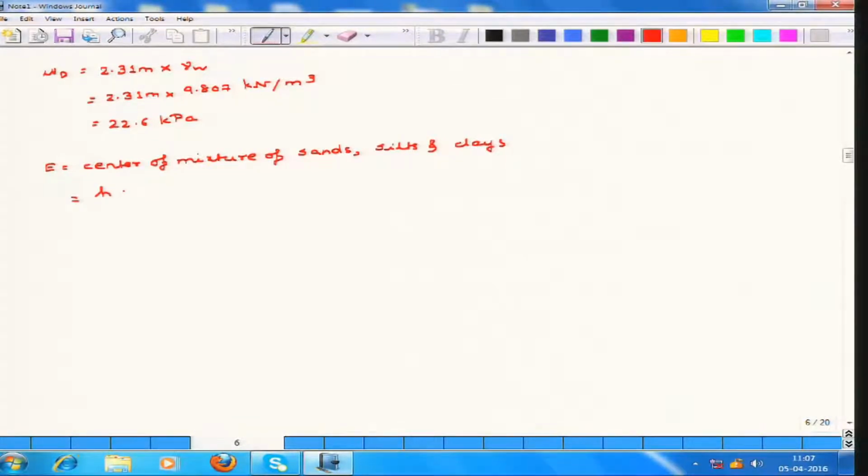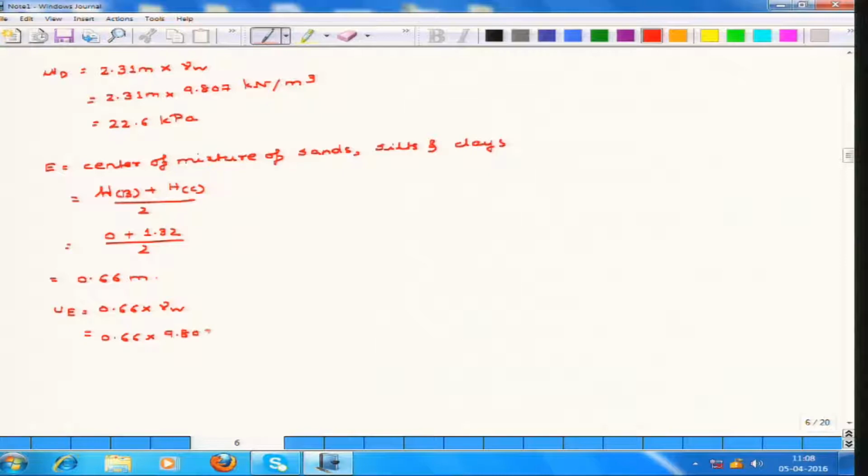The head there will be equivalent to HB plus HC by 2. Now, HB we all know is 0 and HC is 1.32. So, divided by 2, it is 0.66 meter. So, the pore pressure at this point will equal 0.66 into gamma W, the unit weight of water. So, 0.66 into 9.807, you can even take 10 kilonewton per meter cube. So, this is equivalent to 6.5 kPa.